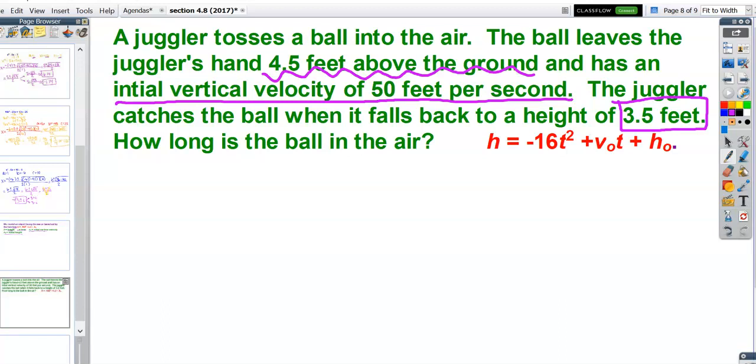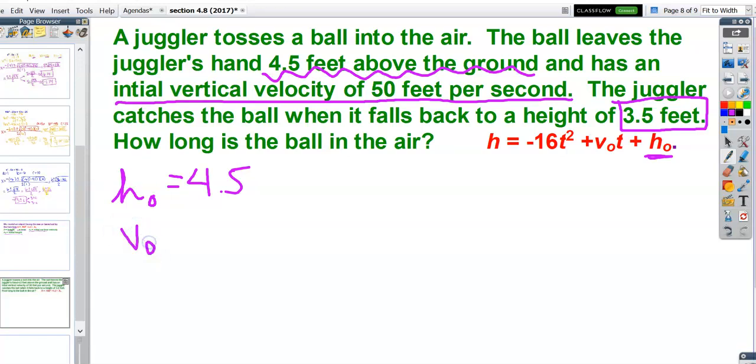So I tried to make our bits of information just a little bit different. It says that the ball left the juggler's hand at 4.5 feet above the ground. So when it leaves his hand, that's when he's throwing it up. So that's going to be our initial height, or h naught. We also underline the velocity.